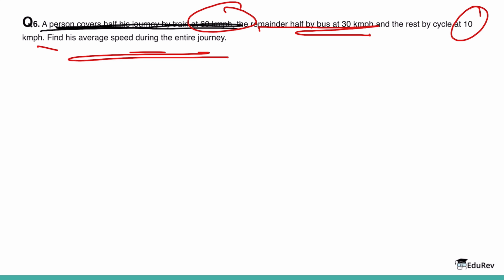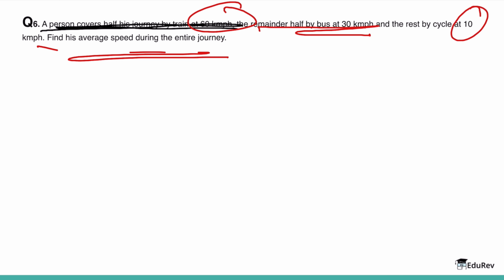Now we need to recognize that the journey by the bus and that by the cycle are of equal distance, because a person covers half the journey by train, the remaining half by bus, and the rest by cycle.